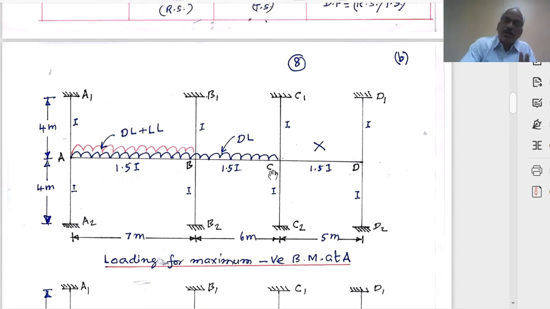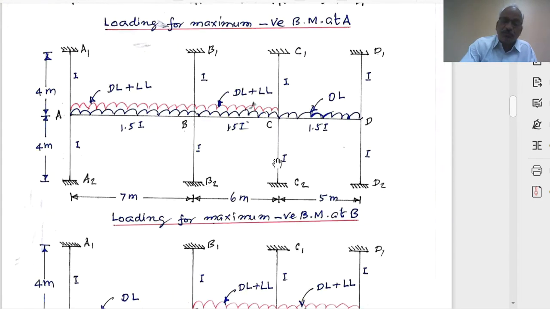So we consider only two spans on either side. On the left hand side there is no span, no beam. We are asked to analyze only a 3-bay frame. So when you analyze joint A, there is no span on the left hand side. Consider only AB and BC: AB with the live load and dead load, and BC with the dead load only. So this is one case.